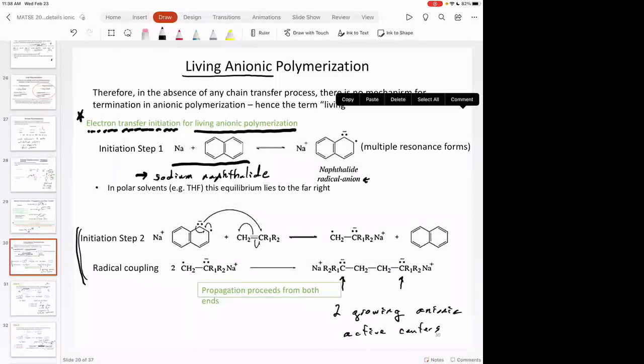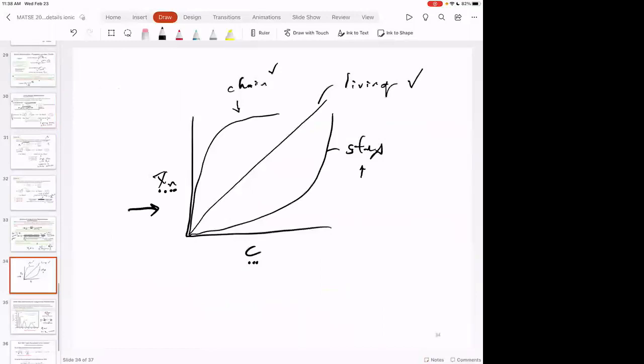No, that's why we call them living. Or if I give you this plot, if I say that X bar N is a linear function of conversion, then you know exactly what type of polymerization it is: living versus step growth or chain growth. Is that good? I forgot who asked the original question, but does that cover it? Yeah, all right.